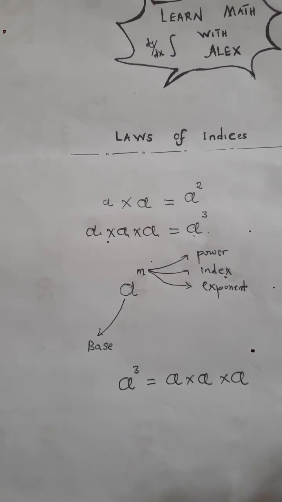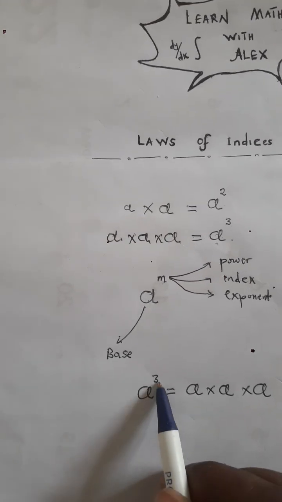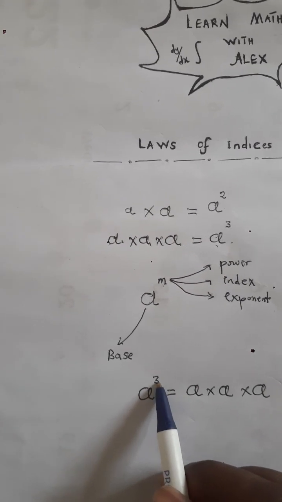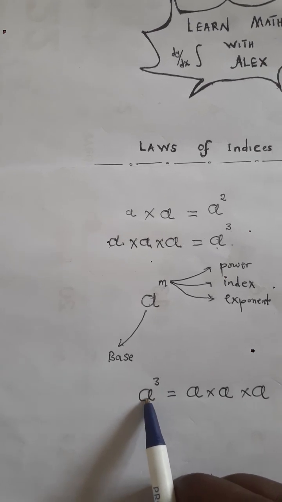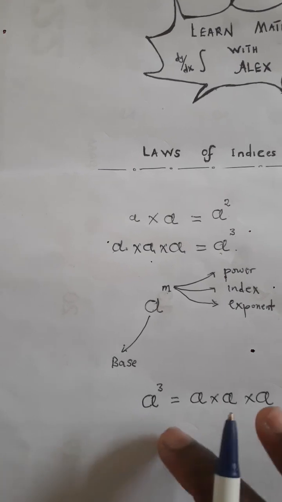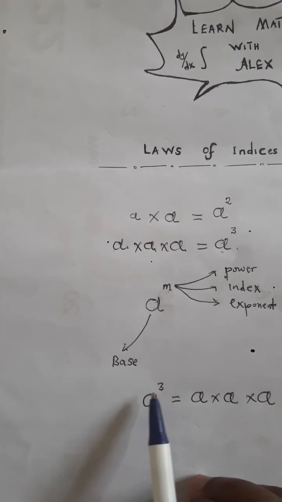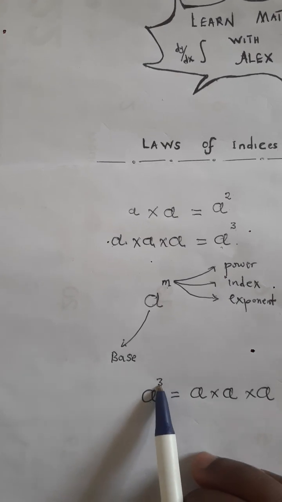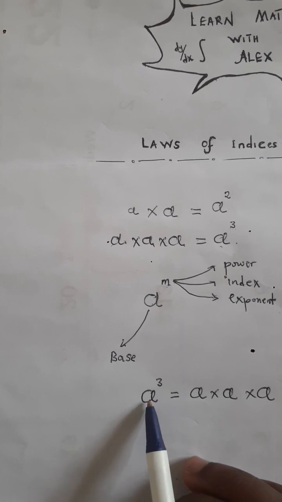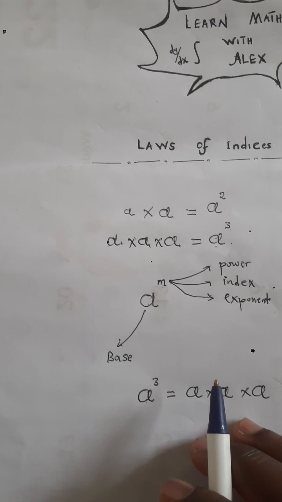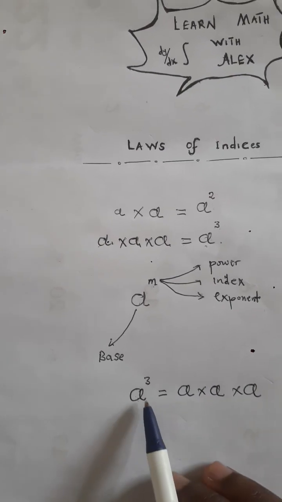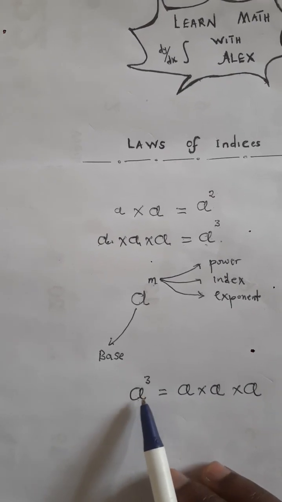So here's the relationship between the base and the power. The power, or an index or an exponent, tells you how many times you're going to multiply the given base by itself.